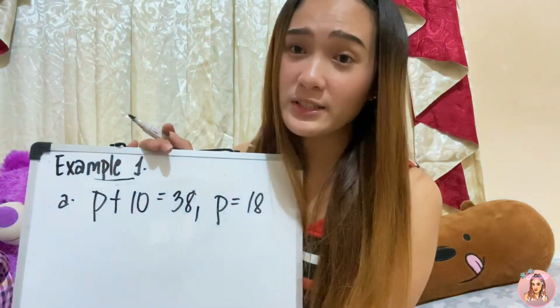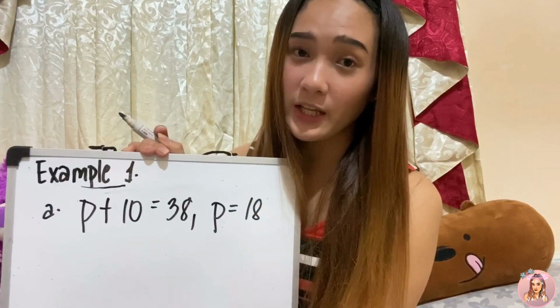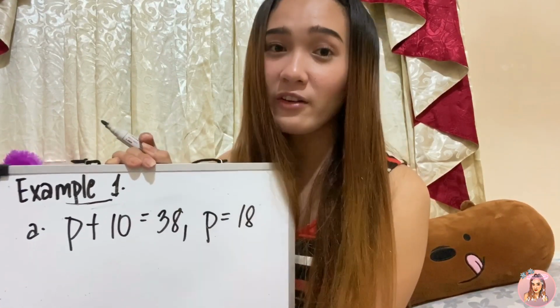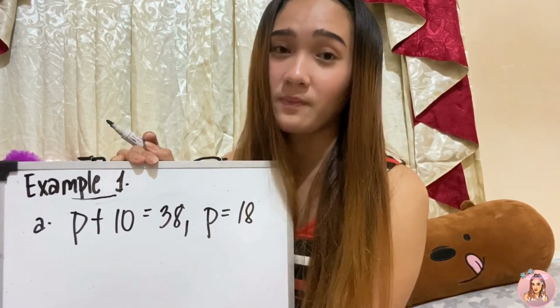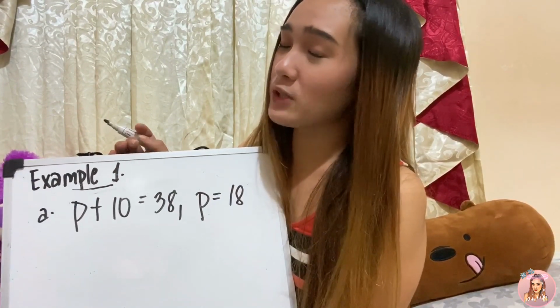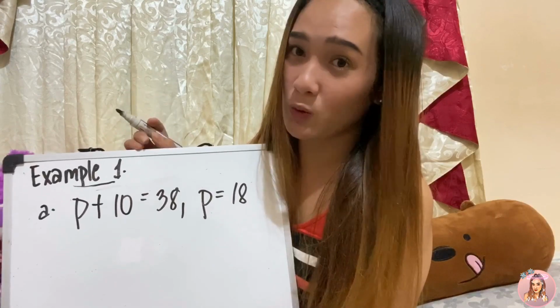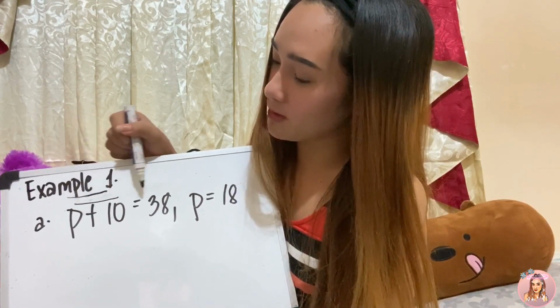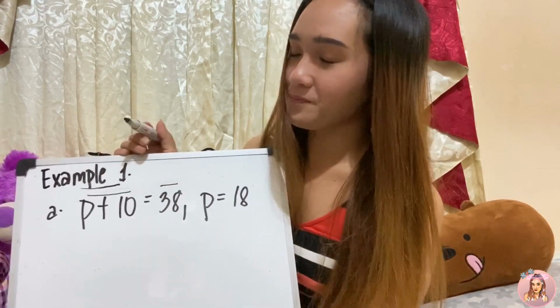Example 1, letter A. So always remember that a solution is a value that can be substituted for a variable to make an equation true. So always remember that an equation must be equal on both sides. So for example, this one side equals this other side.